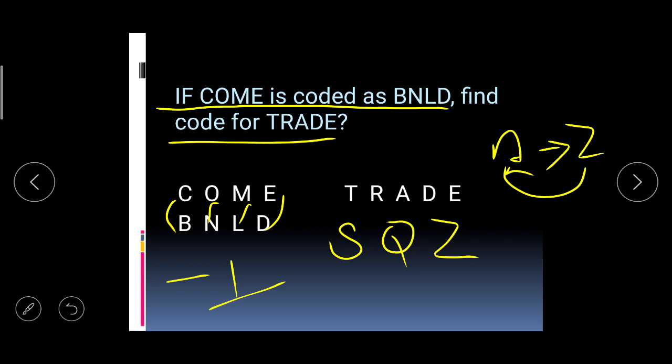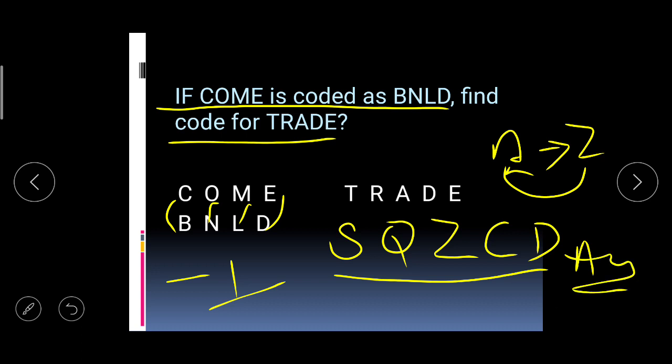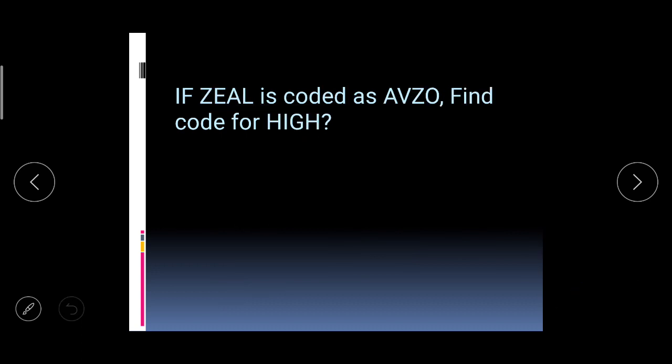Before D, the letter is C, and before E, the letter is D. So I just need to go one letter back, and the answer is SQZCD. This is my answer. Let's move on.